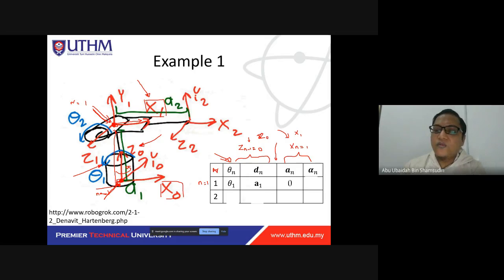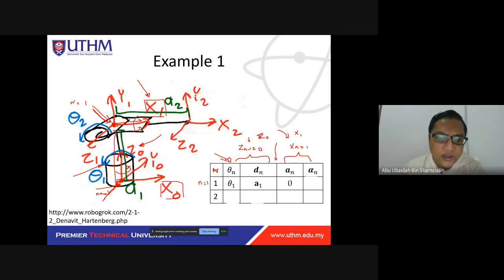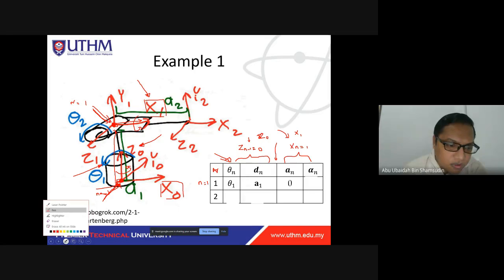Finally, we need to rotate on the x1 axis so that z0 is the same as z1. So we bring this frame, the 0 frame, up to the frame on top.